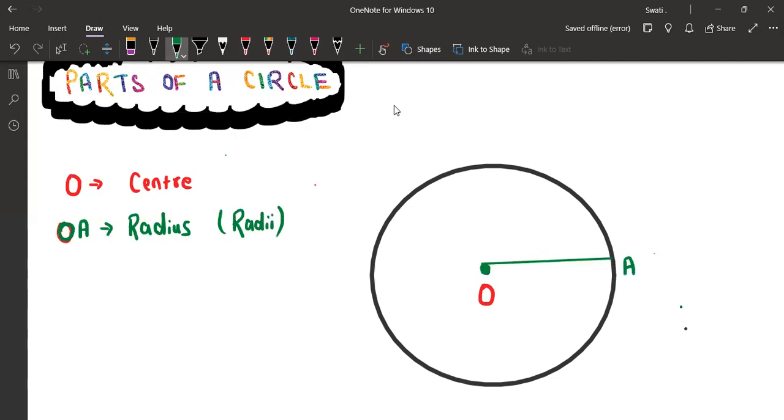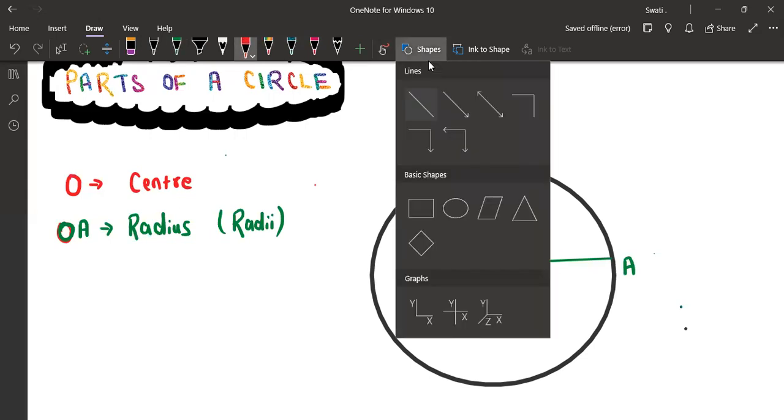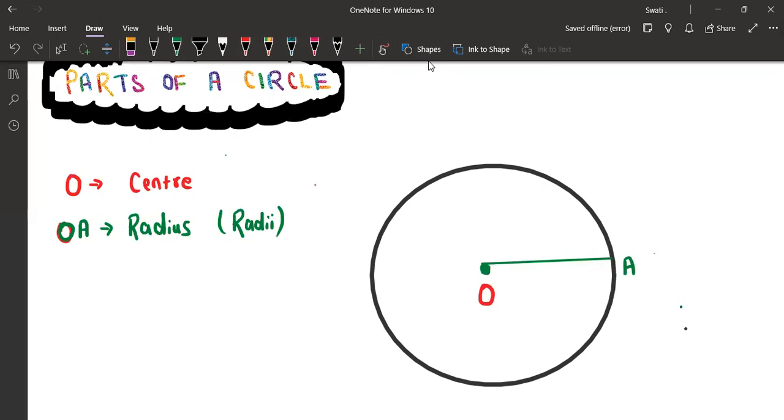Next, I'm going to make another radius, which will be exactly opposite to A. You can see that we now have two radii, OB and OA, and when we add these two radii, we get another term, which is called the diameter.